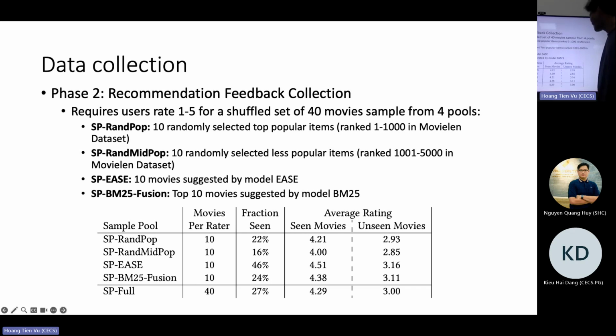Maybe they are mostly old movies, and after that they are asked for ratings. Maybe at the start they are asked about seen and unseen movies, and after that they are asked to rate these 40 movies.